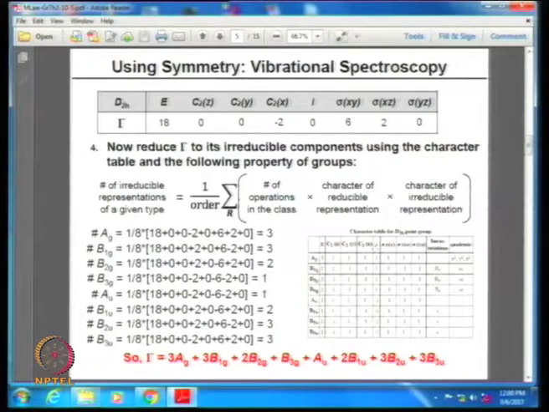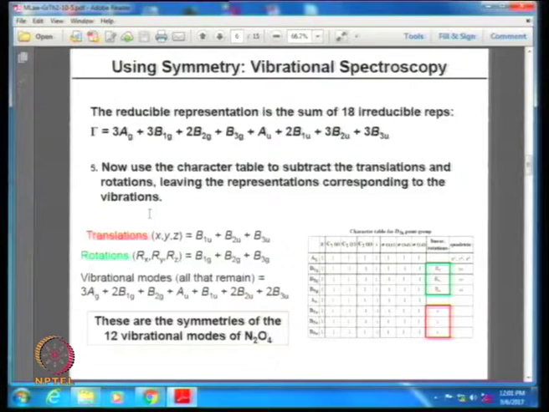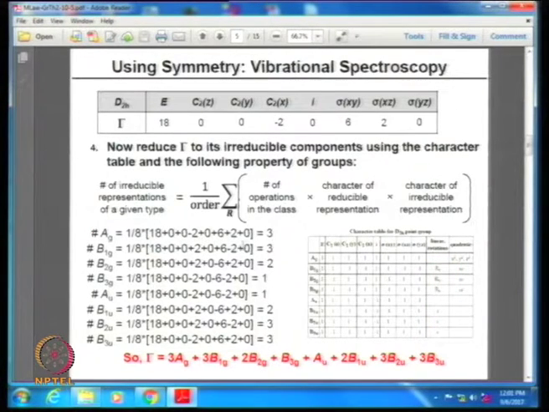And then there is full space inversion I, and then there are reflections in the XY plane which flip the Z axis, or XZ plane and YZ plane. If we look at the molecule once again, it's clear that all of these are possible. So now this table is filled out.